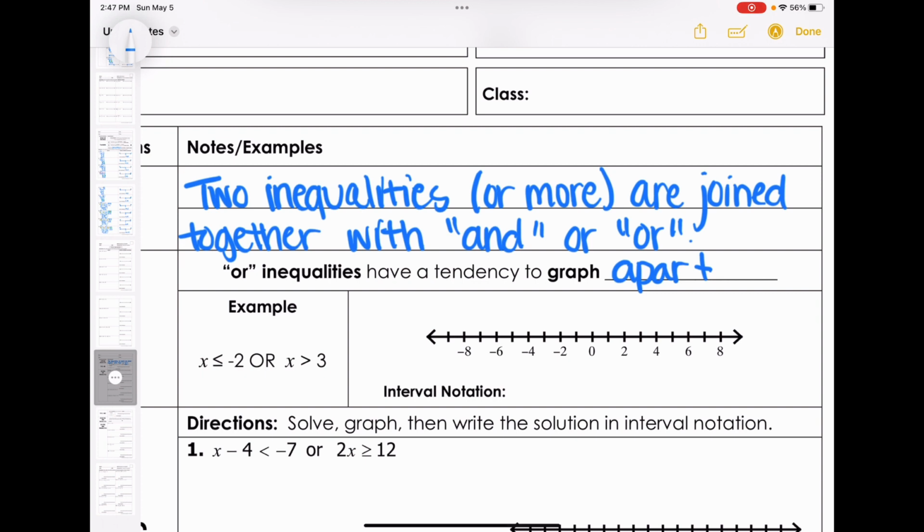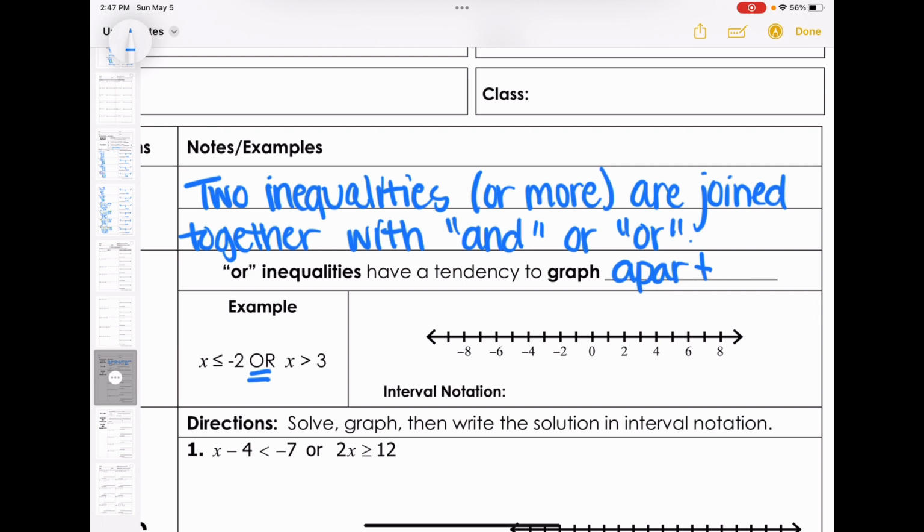So the example right here says that x is less than or equal to negative 2 or x is greater than 3. So we're just going to look at these separately, but graph them on the same number line. So the first one, x is less than or equal to negative 2.